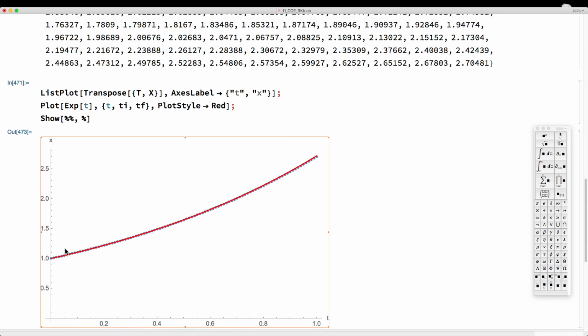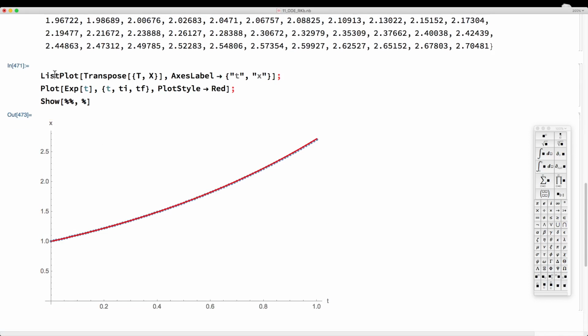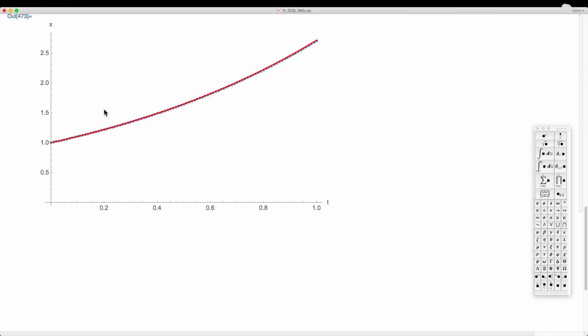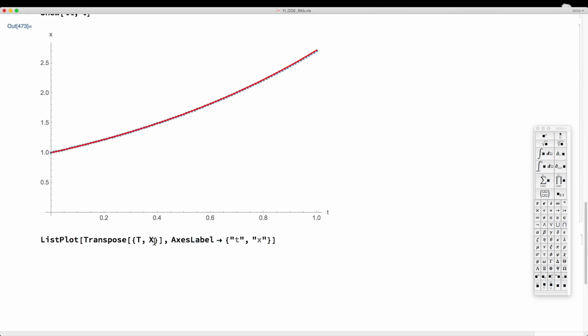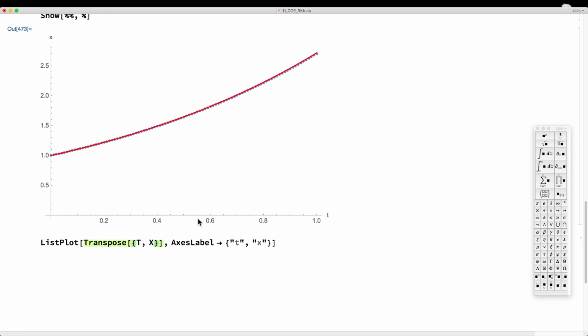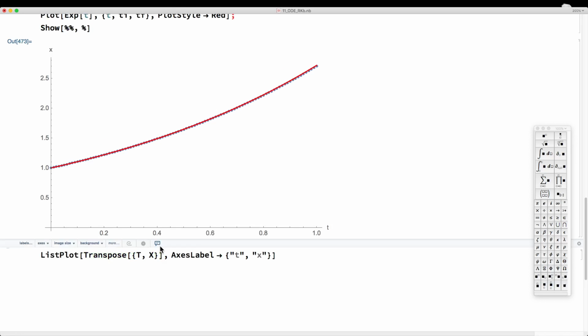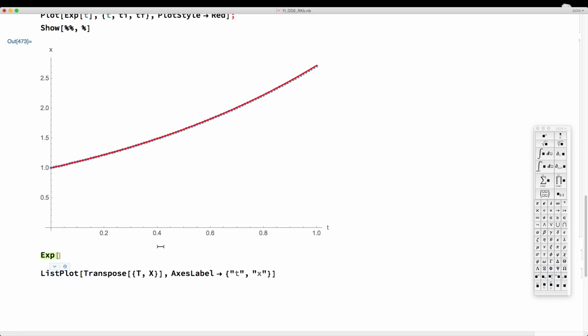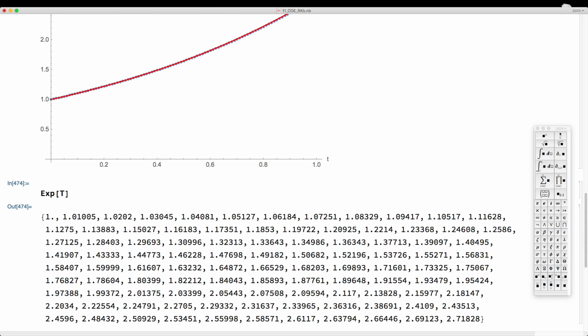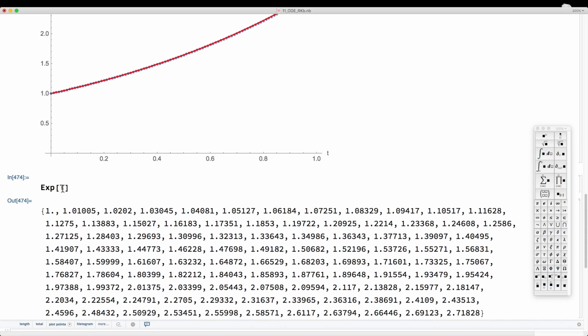And in fact, if we want to see how much it drifts away, we can do this plot. We can simply plot the difference between x and e to the power t, the exact solution. And I know that if I use exponential of t, I know this will give me the exact solution at each time t, because this is a grid of the time points.